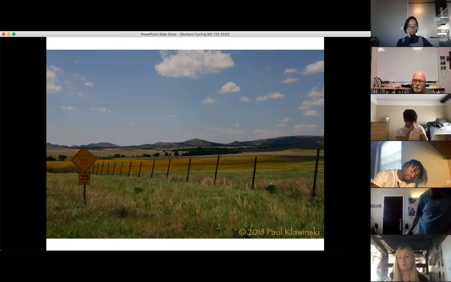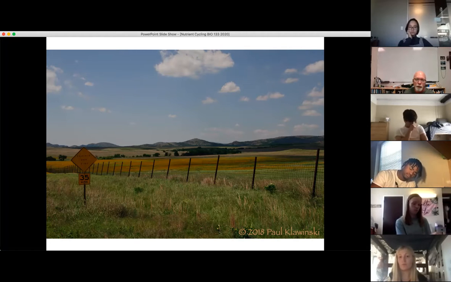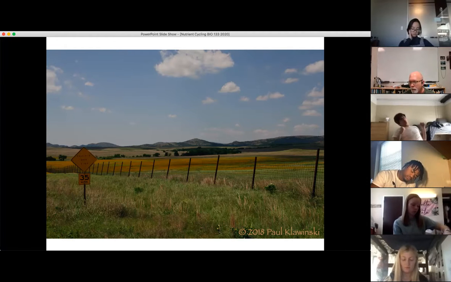And as a result, you get this very distinct shift in plant community structure as you move from the prairie without prairie dogs to the prairie where the prairie dogs have dug their town. And it's just something that I noticed while I was there once, and it just made for a nice photo.